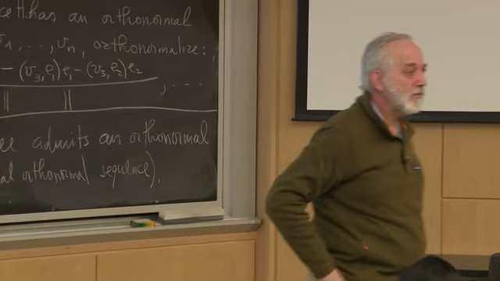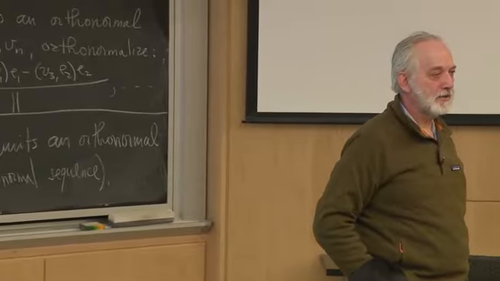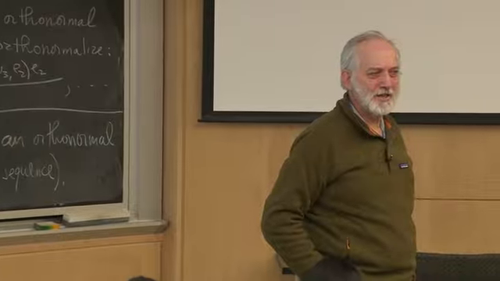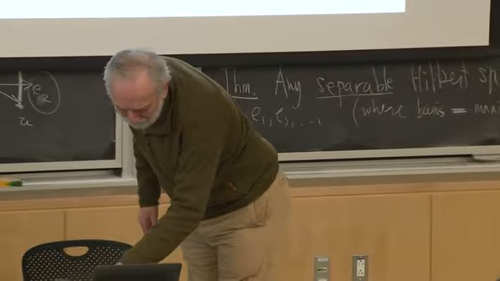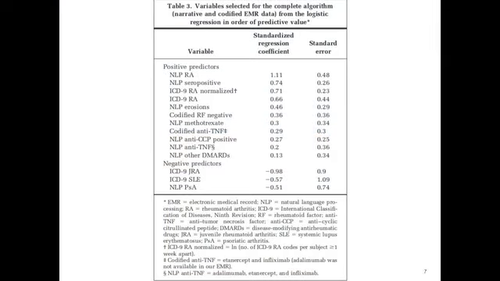On the previous slide, you said standardized regression coefficients. So why did you standardize? I think, so the regression coefficients in a logistic regression are typically just odds ratios, right?